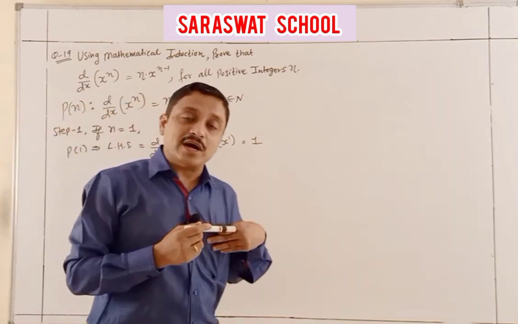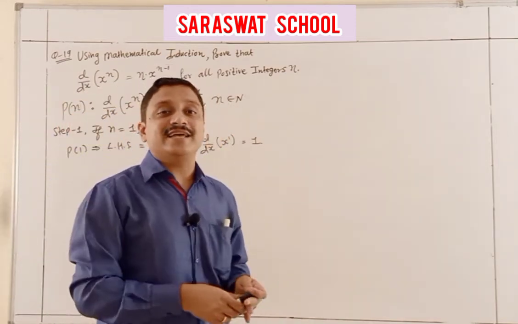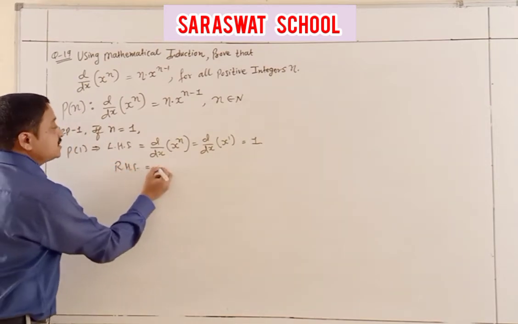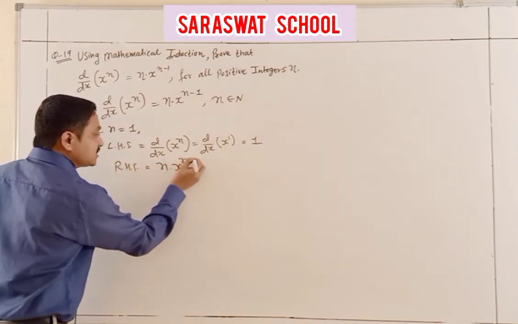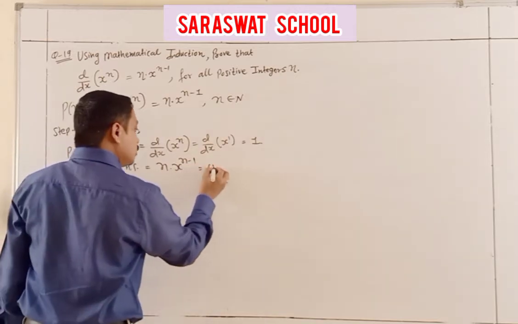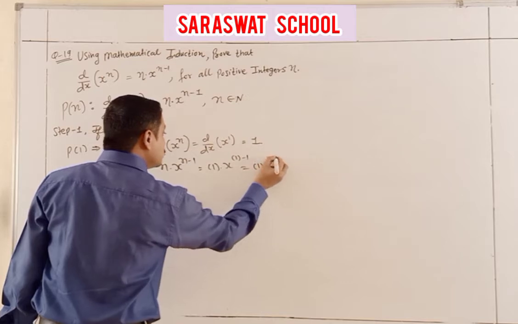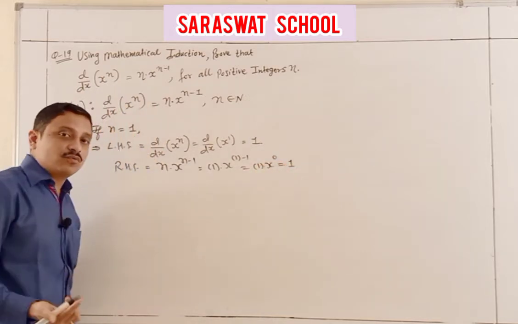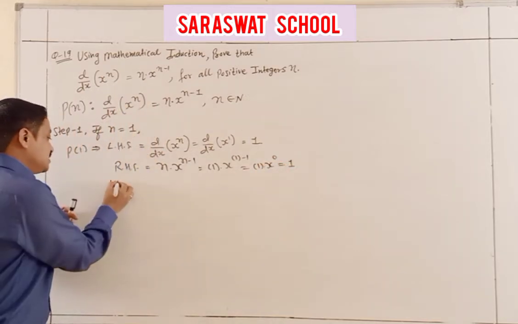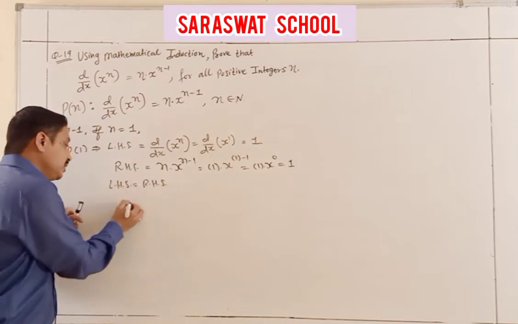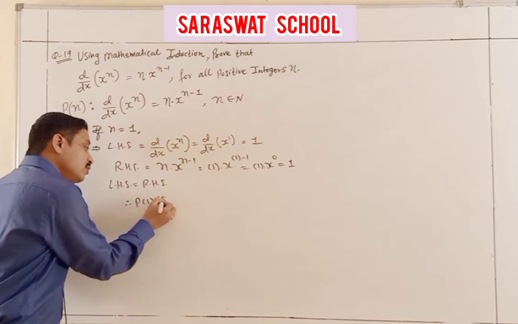And the same going to the right hand side. So what is the RHS now? My RHS is n into x raised to n minus 1. So 1 into x raised to 1 minus 1, which is x raised to 0, and sure, 1 into 1. So LHS is equal to RHS. It means sure P(1) is true.